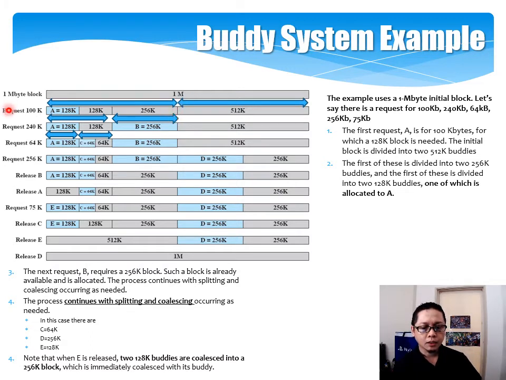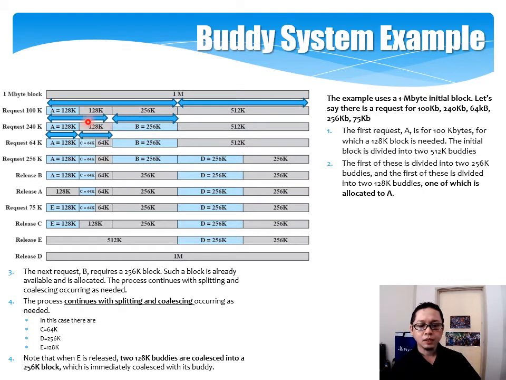So the second buddy, again, will be divided into two. 512K divided into two gives you 256K and 256K of memory block. Still, it's not close to the 100K request. So we have two buddies here.